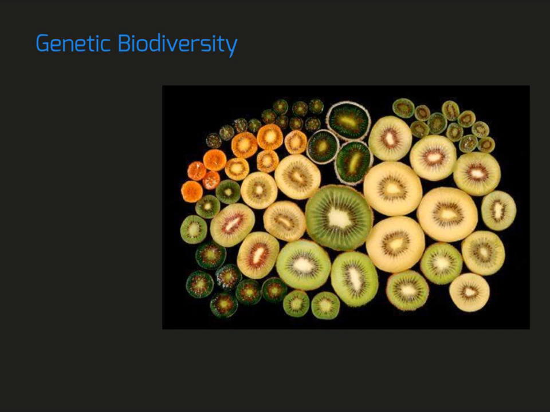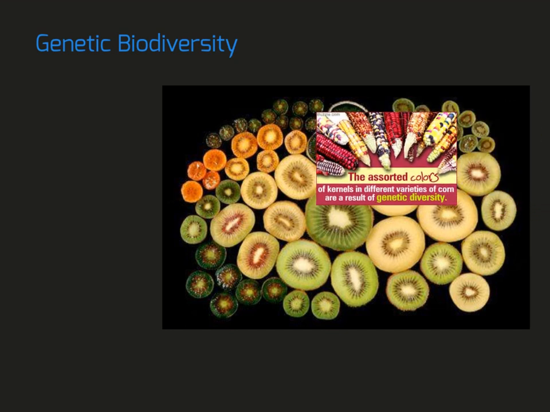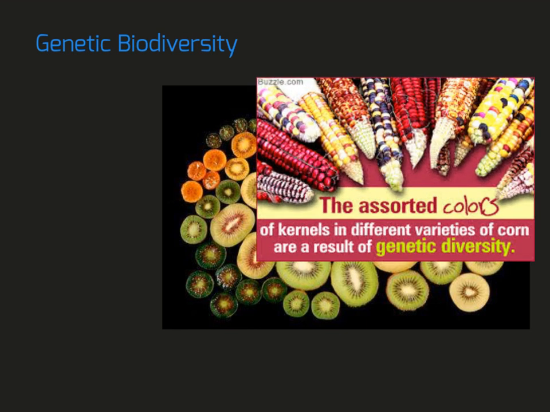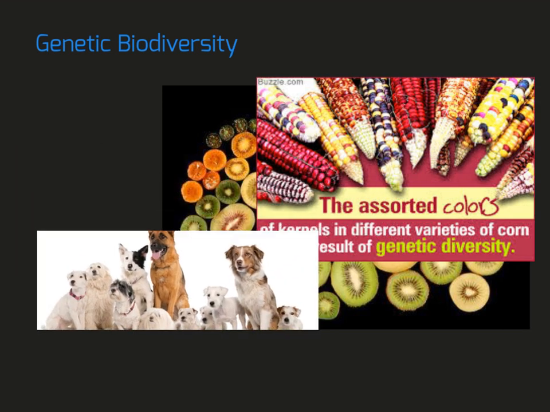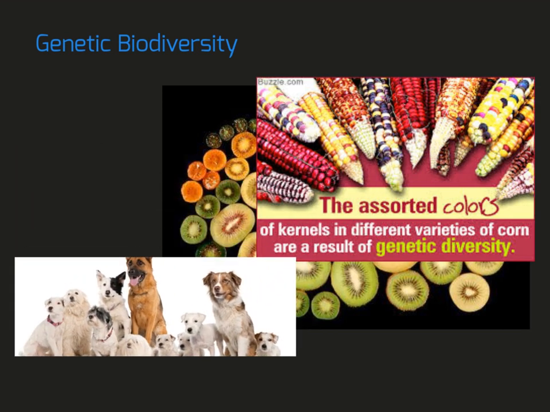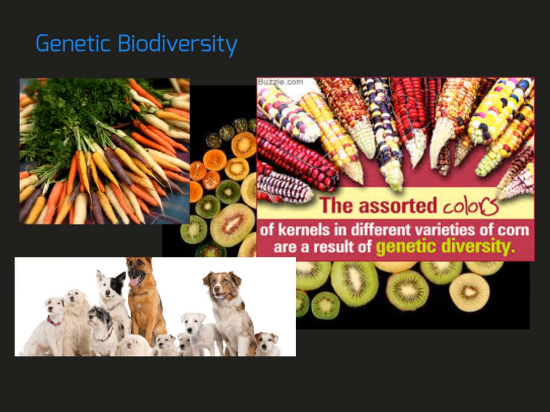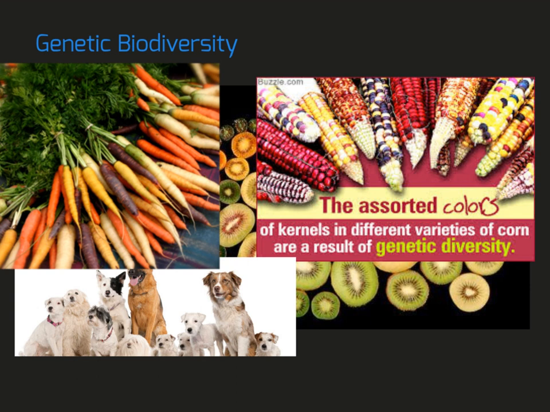And I have so many cool pictures to show you. You have corn. Look at all the different kinds of corn. Unbelievable. I've seen corn of different colors before, though. And I've also seen dogs of different types before. But have you seen differently colored carrots? Look at all those carrots.